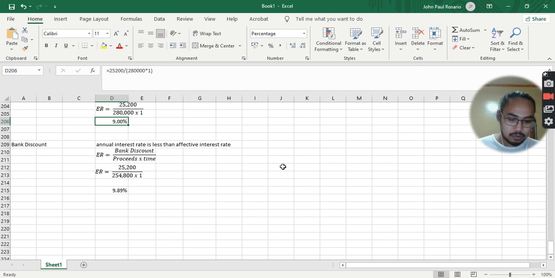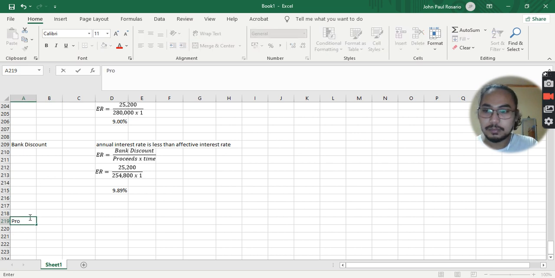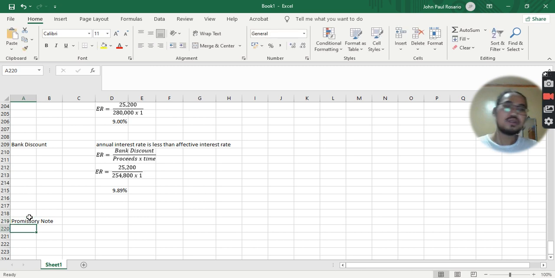Now, let's go to promissory notes. Promissory notes. Okay. So, there are different types of debt. If you borrow from a bank, that's a loan.